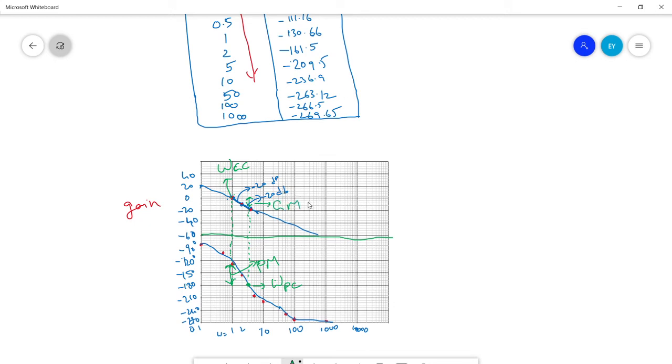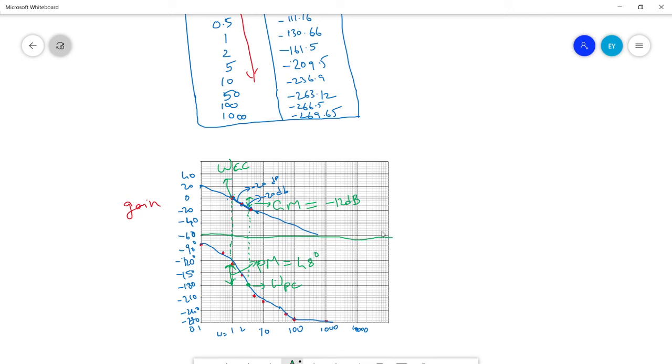If you compute it, here we get minus 12 dB, and the phase margin is 48 degrees. So this is how we get phase margin and gain margin.